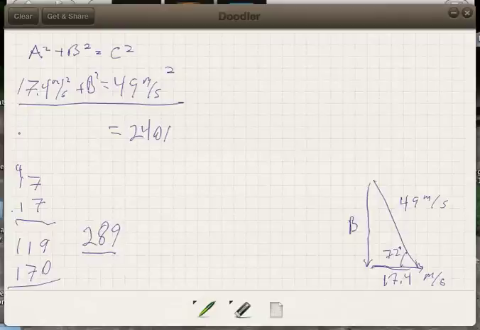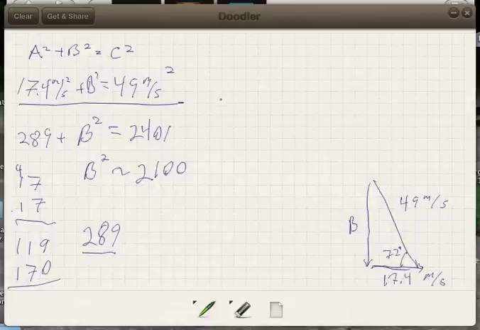Okay, so we have 289 plus b squared. Okay, and that's about 300. We subtract that off, then b squared is about 2,100. Okay, great.